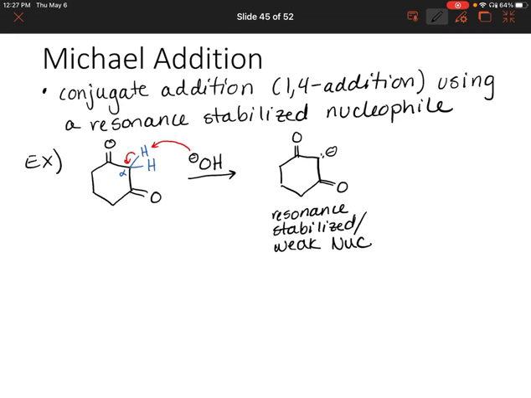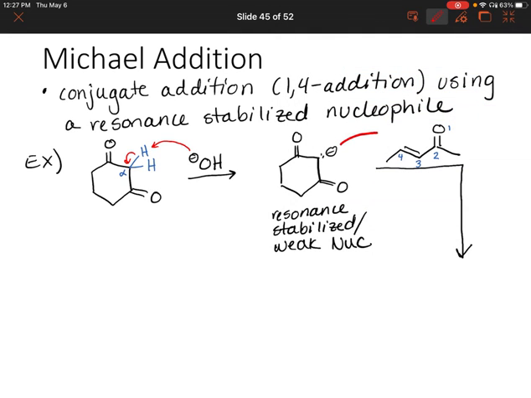Okay, now remember that stable or weak nucleophiles are going to favor attacking carbon 4 on an alpha beta unsaturated ketone or aldehyde. So in the next step, let's just add one of those. We'll just do an alpha beta unsaturated ketone this time. So let's number our atoms that are involved in the conjugated system.